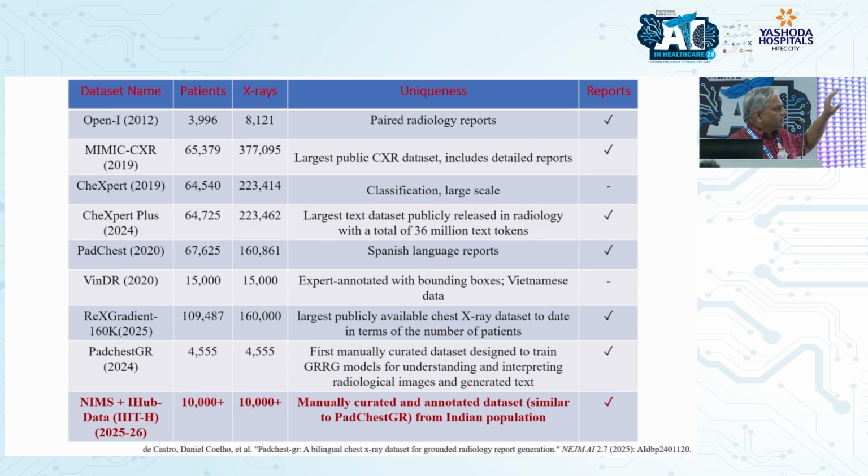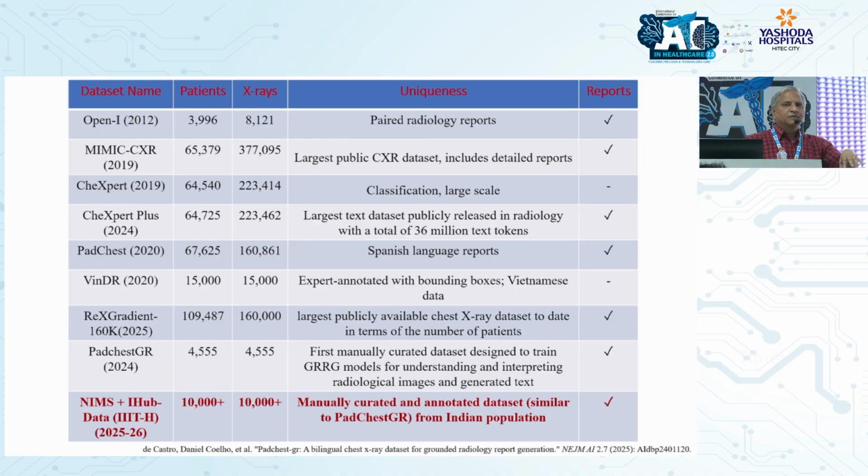All right, so this is a list of various data sets that are available. Except the last row, all are Western data sets of different sizes. You see the number of X-rays, starting from thousands, to 300,000, 200,000, 160,000. One of the latest, 2024, is for grounded report generation.